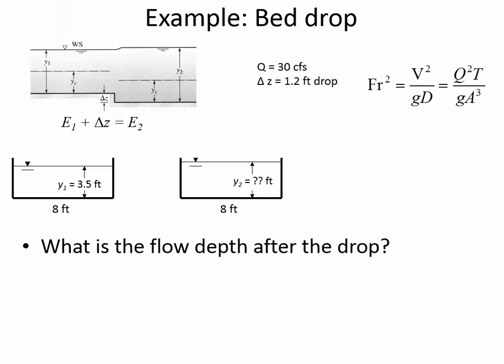So 2 times 32.2 feet per second squared. And then I don't know the A in terms of a number, but what I can do is write it in terms of some unknown depth. So it is 8 times Y2, and then the area is squared. And then delta Z is minus 1.2 feet.